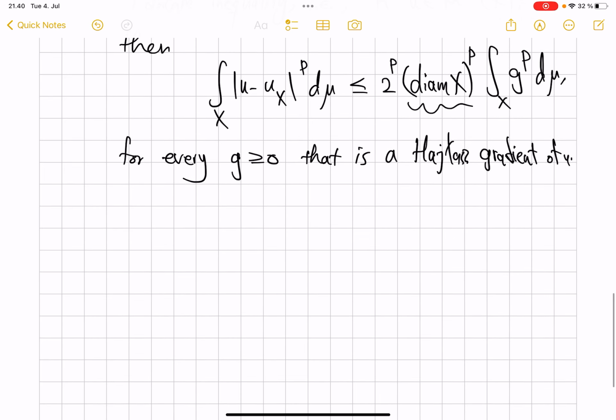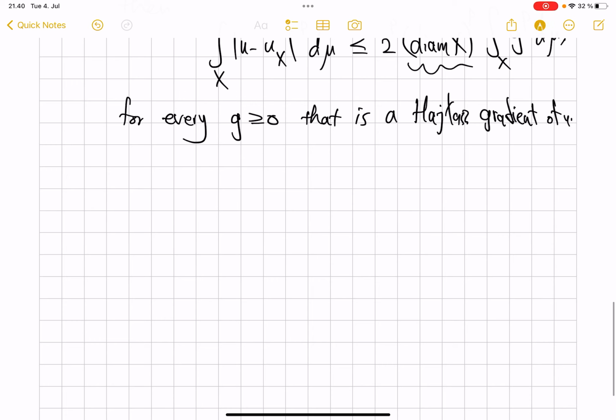Okay, another property, theorem 3. Whether we have a Poincare inequality was in the list of properties that one expects from Sobolev functions. The next one, again very different from the Newtonian class, is that Lipschitz functions are always dense in the space.